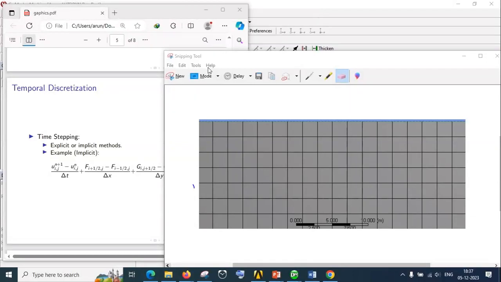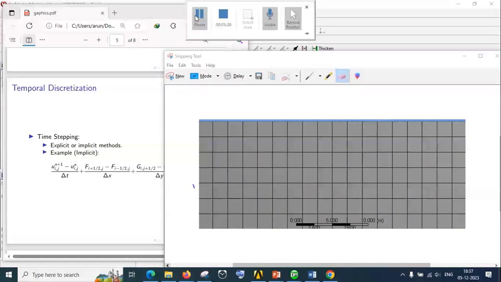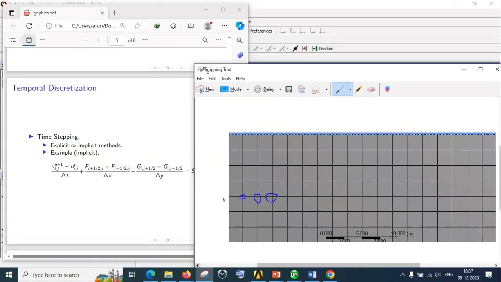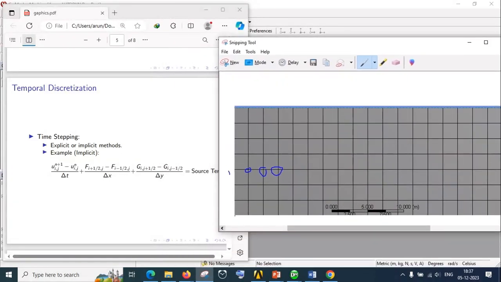When we discretize our governing equation for any domain to find an accurate solution with the finite volume method, each and every node has a specific time and accuracy. We discretize our governing equation with respect to time and space.